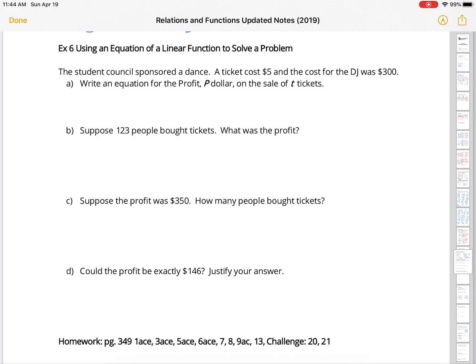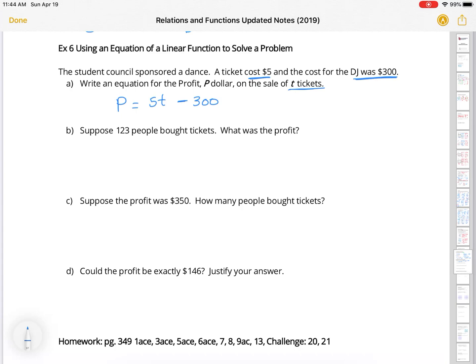So profit is going to be, if we say that the tickets are T, right? They cost $5 and the cost for the DJ was $300. So we know we're going to make $5 per ticket, but we also know that we have already paid out $300. So we have to take that into consideration, that the DJ cost us $300.